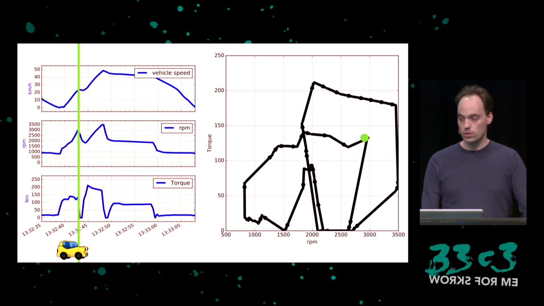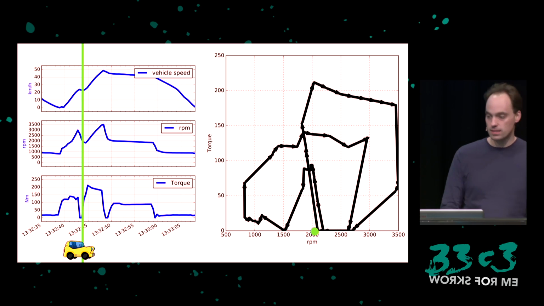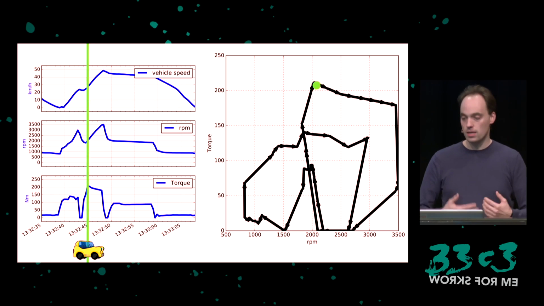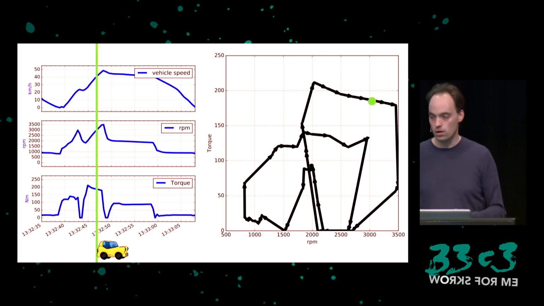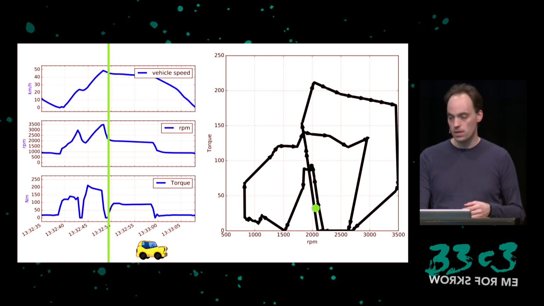clutch, which disconnects the engine, the torque goes down, the RPM adjusts to the speed of the next gear, and then the driver releases the clutch, and now the engine again has to move the car so the torque goes up until reaching the highest RPM value, and then the driver again switches to the next gear, so the whole thing repeats.